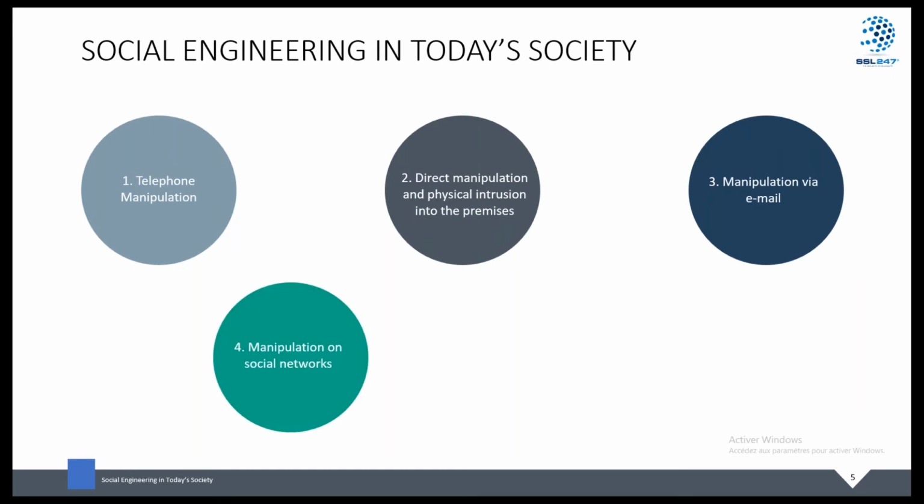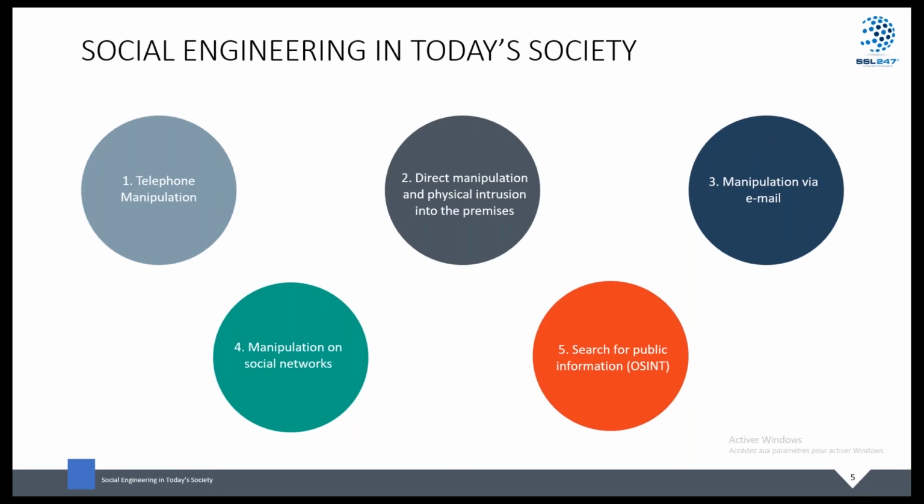Manipulation of social networks is just an extension of phishing using the social networks. Just for information, social networks are a zero trust environment. People let their guard down when they use Facebook, LinkedIn, or Twitter. They just don't think, or think less, about security, and so they are easier to manipulate.